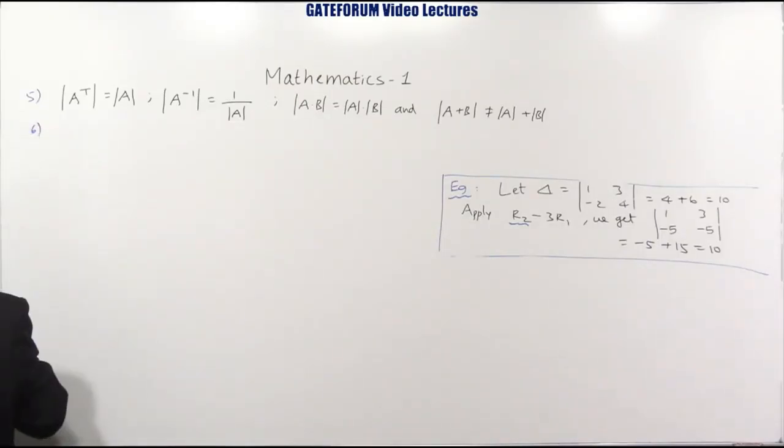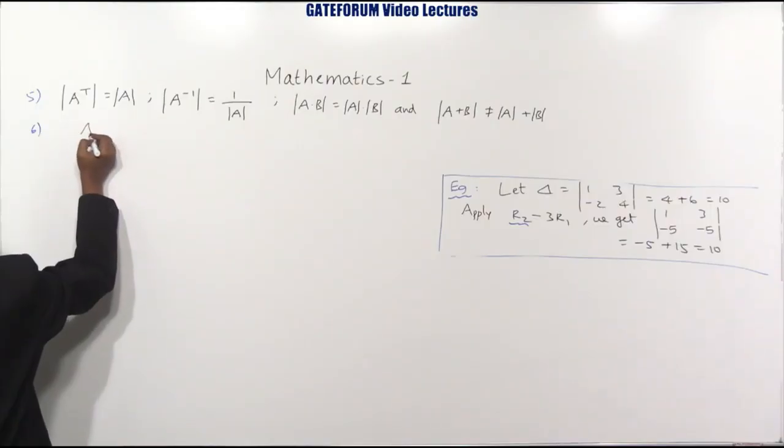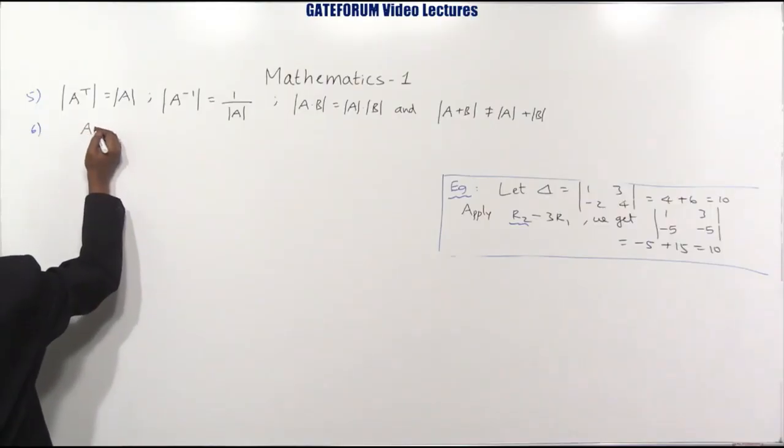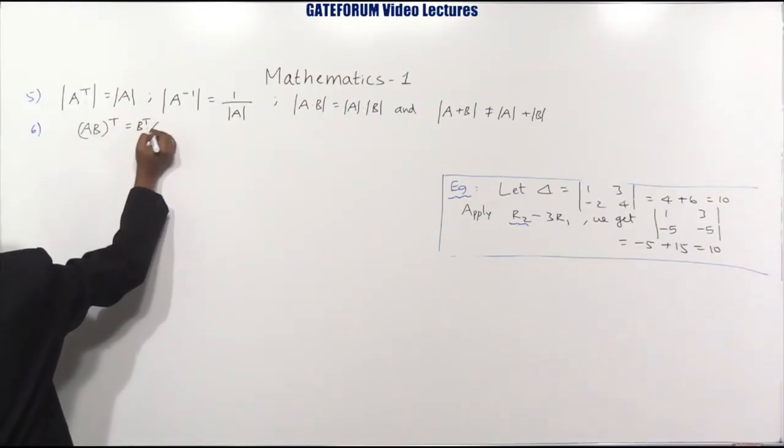Number 6. (AB) whole transpose is equal to B transpose into A transpose.